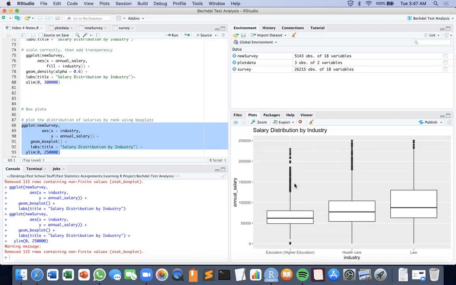Yeah, and as for outliers, we can see all of these have a lot of outliers because we have so many data points that even though outliers are supposed to be a small percentage of the data points, that's how they're defined, it turns out with our massive amount of data points, there's a lot of outliers.